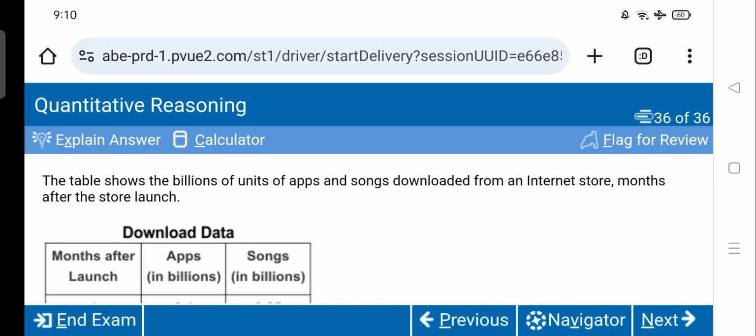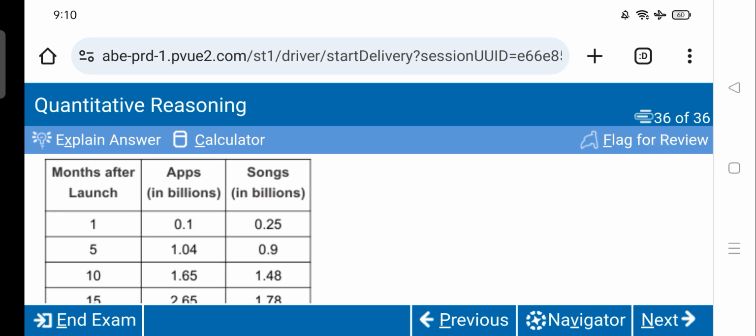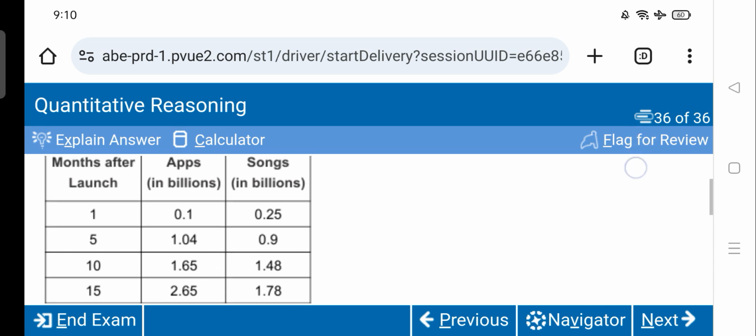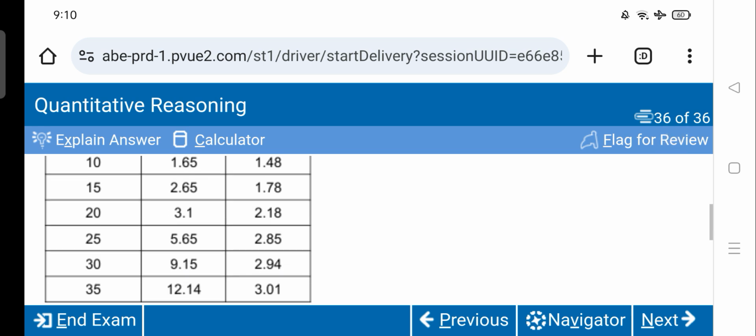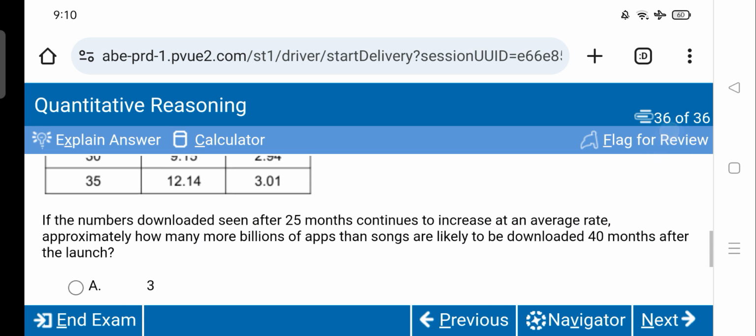The table shows the billions of units of apps and songs downloaded from an internet store months after the store launch. Download data months after launch, apps in billions, songs in billions. We have the data for three of them.